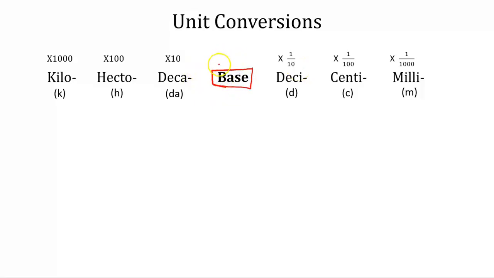Let's say I am going with a meter. Let's say I'm measuring a length of something. The base unit is the meter. If I had 10 meters lined up end for end, I would call that not a meter stick, but a decameter stick. A decameter would be the length of distance that's 10 times the base.